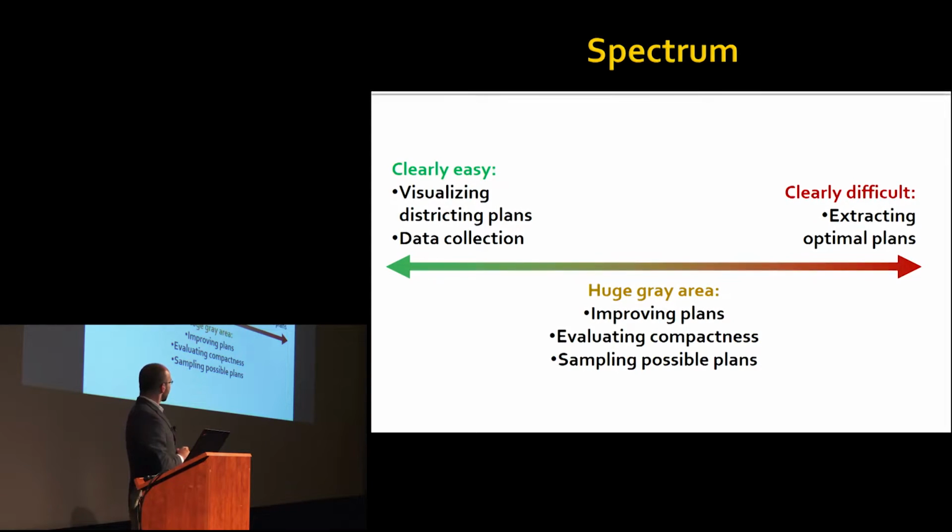And then finally, and I'll expand on this in a little bit, there's a clearly difficult problem, which is: I give you a map and all the criteria I could possibly want to evaluate the quality of my districting plan, and I just want a computer to walk in and generate it automatically. And that's sort of too bad in a sense, right? Because we view computers as these unbiased machines that can solve these problems without all the push and pull of political interests.